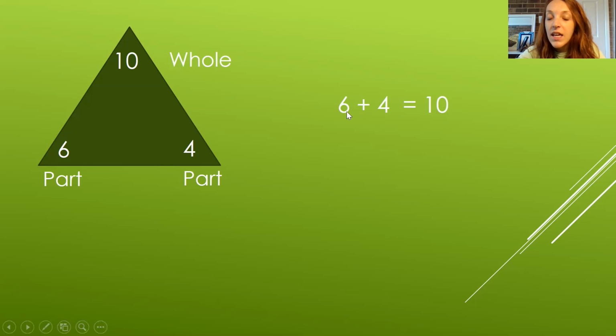I know that in an addition sentence, I can move around these numbers and it's always going to still equal the whole 10. So I could put the 4 first. I could say 4 plus 6 equals 10, right? So I have 2 addition sentences, but they both have the same parts. They both have 4, they both have 6, and the same whole.